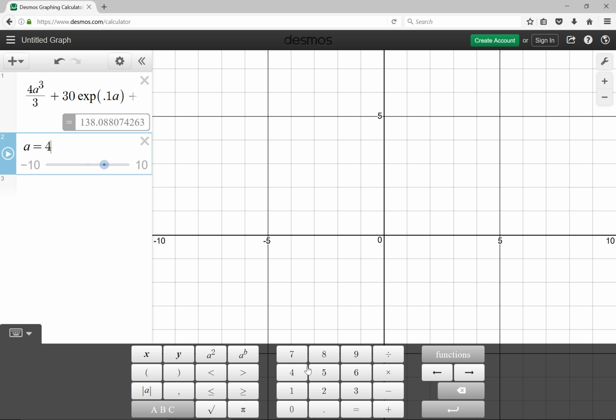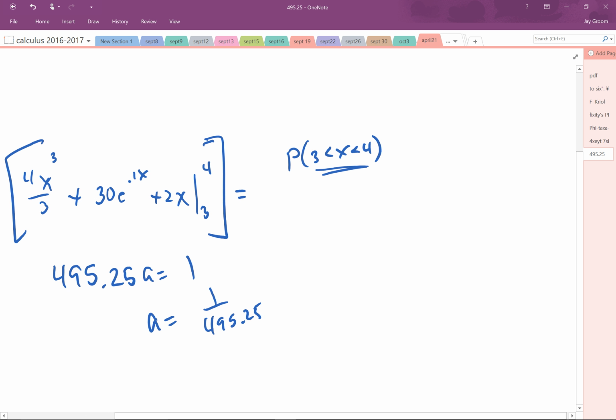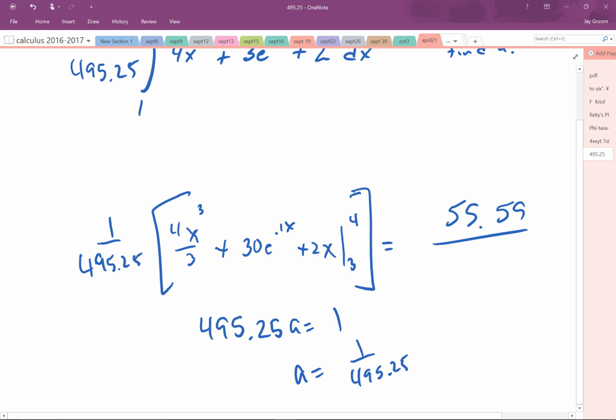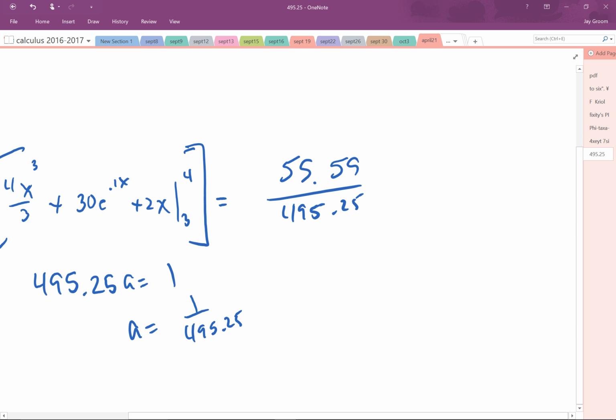So what is 138 minus 82 and a half? 55.59. So this inner portion here is 55.59, whatever. Divide by 495.25. And that comes out to be point. By the way, if it doesn't come out to be a point, again, you screwed up. It's a percentage. It has to be. About 11%.